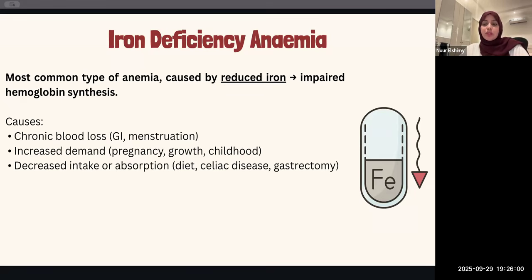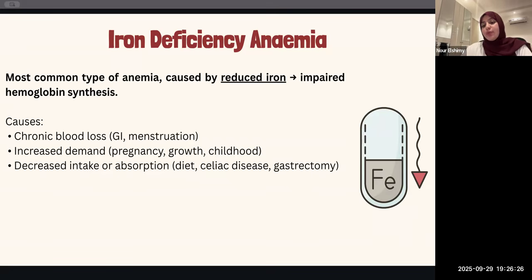All right. So the causes could be different reasons, okay? Could be chronic blood loss, because if we lose a lot of blood, we're losing a lot of red blood cells, so anemia. Or increased demand. So let's say in case of pregnancy, if a mom is pregnant with her baby, obviously she's going to need more iron for herself and for her baby.